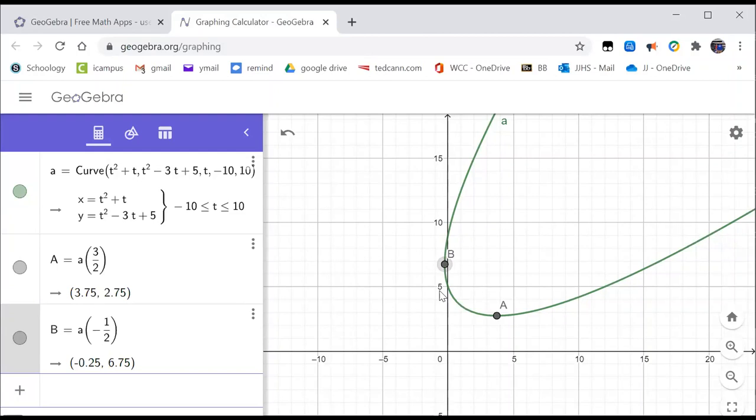So just a little something to get you going, getting you to think about the concept. What I'd like you to do for homework is the next one, page 7, numbers 4 and 5. Those involve arc length.